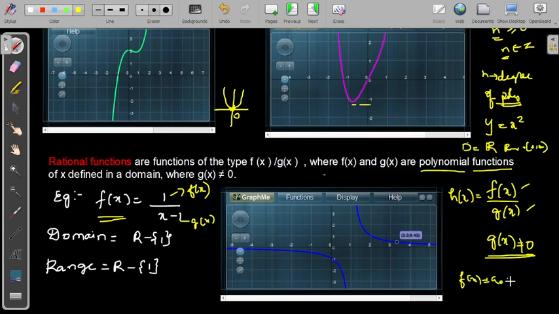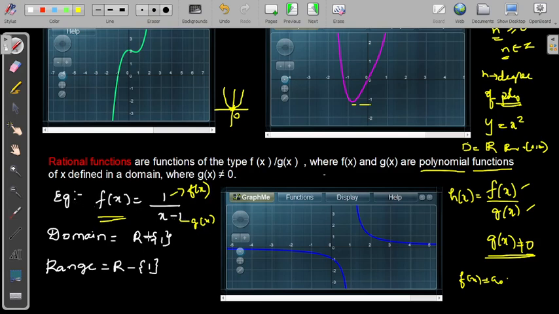Terms like a1x, a2x square are not there; all the values of a1, a2 are 0. So a naught is a constant. So 1 is a constant, it's a polynomial. x minus 1 is also a polynomial. So f of x by g of x form and g of x not equal to 0. Hence it is a rational function.